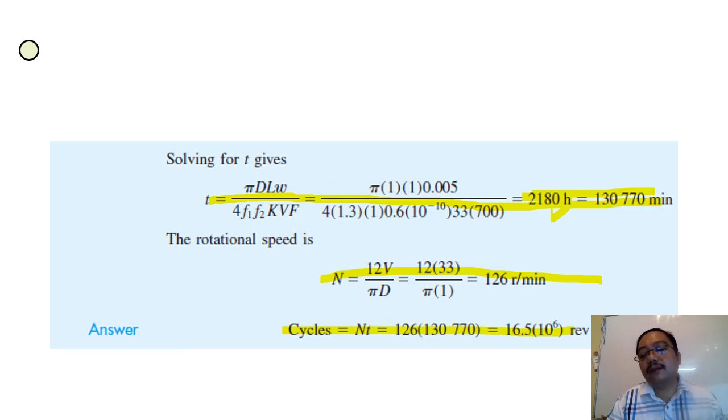You already know when the machine must be maintained. When the maintenance time comes, they will calculate 2180 hours, how many days? Divide by 24 and you will know how many days. Then after the day comes, do maintenance on that machine. This is the way maintenance engineers do their job.